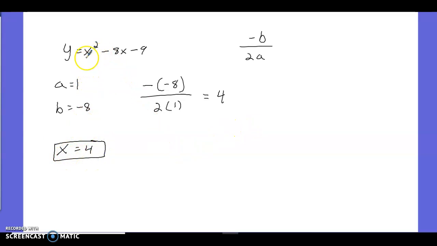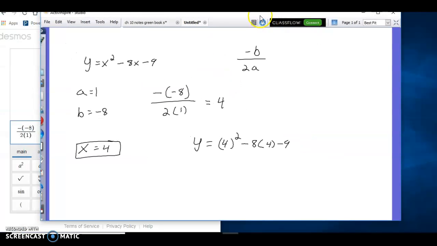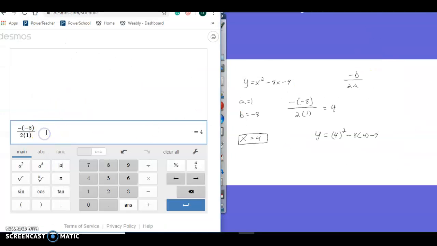So now we have to figure out our y. We're going to plug this 4 into those x's. So now I have y equals 4. I'm going to keep it in parentheses just to stay consistent. 4 squared minus 8 times 4 minus 9. All right, so I will bring up my calculator again. Now I'm going to plug this in.